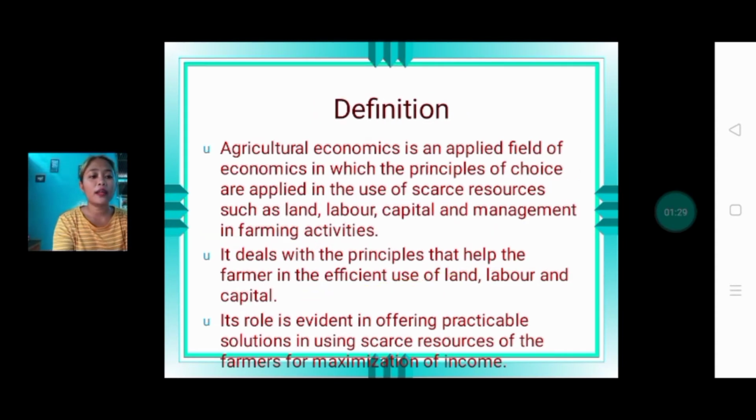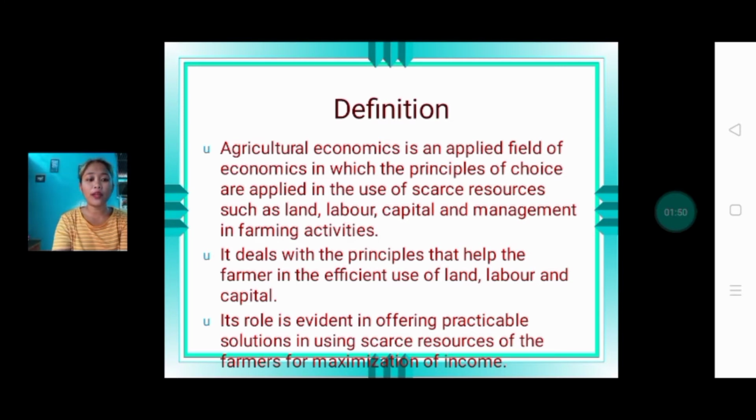So next one, let's define first the agricultural economics. So agricultural economics is an applied field of economics in which the principle of choice are applied in the use of scarce resources such as land, labor, capital, and management in farming activities.